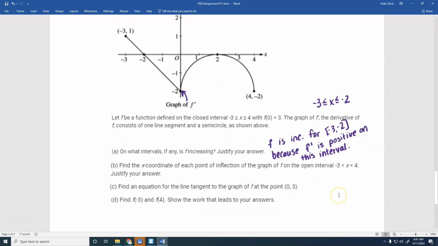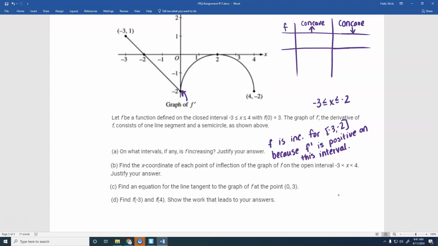All right. Find the x-coordinate of each point of inflection of the graph of f on the open interval from -3 to 4. I like this problem because it goes way back. Points of inflection are where we change what? Concavity. Concavity is second derivative, right? So if you think about that chart we've used many times, we're looking for f to go from concave up to concave down, but the second derivative would change from positive to negative, but do we have the second derivative?